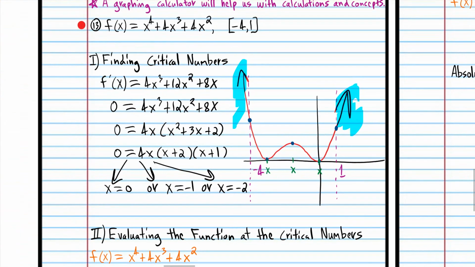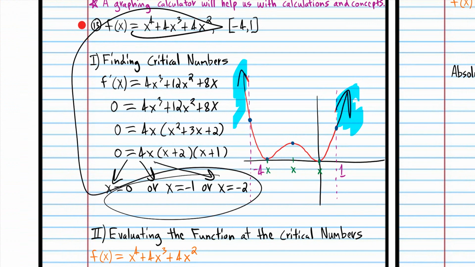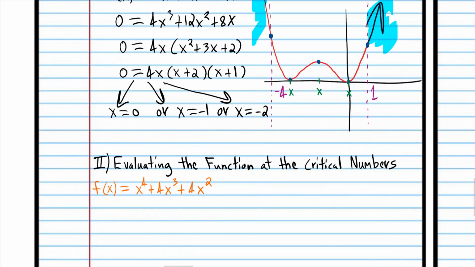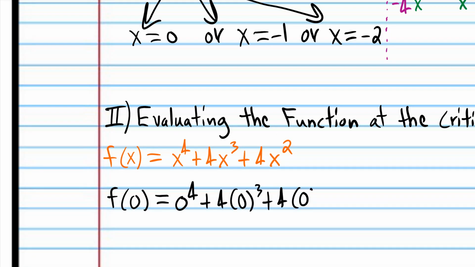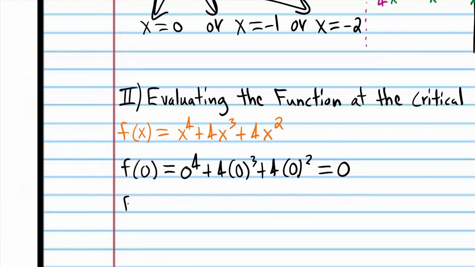So we're going to plug in these critical numbers into the original function. And I've rewritten the original function here. So first let's plug in 0. And then let's plug in -1.